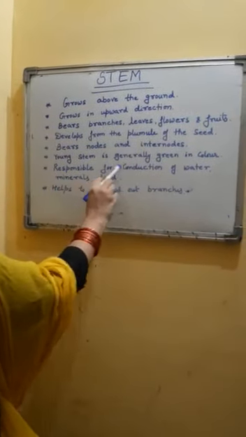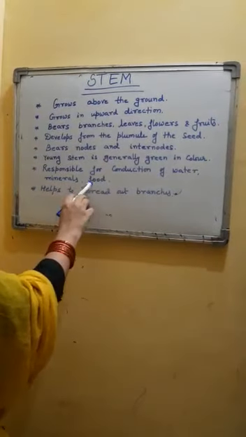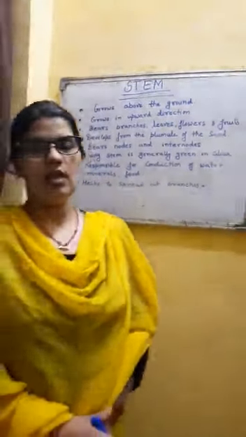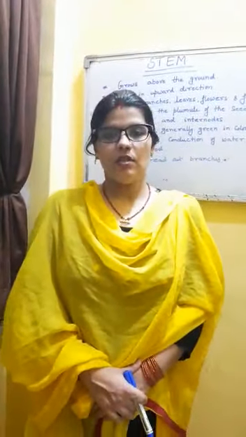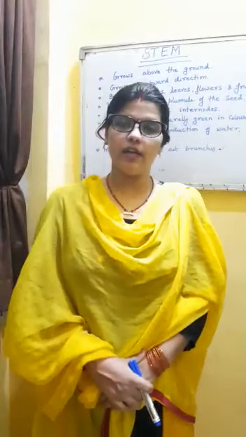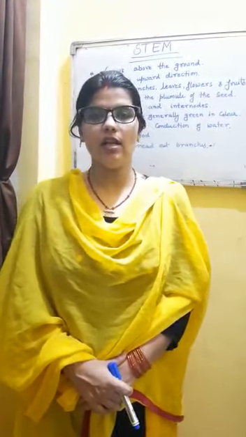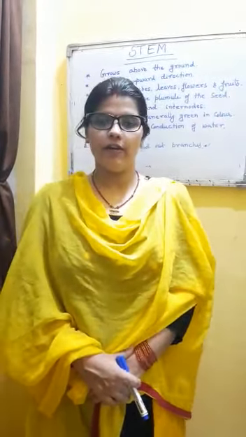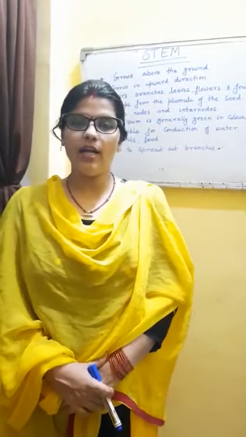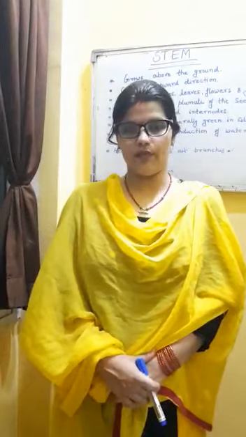Stem is responsible for conduction of water, minerals and food. Stem performs the very important function of conduction of water, minerals and food from one place to another. Like roots absorb water and that water is required in leaves for the process of photosynthesis. Stem is connecting root and leaves and transporting water from roots to leaves.